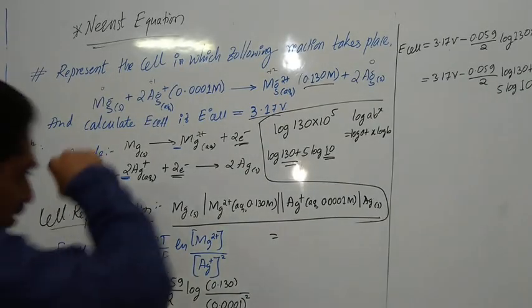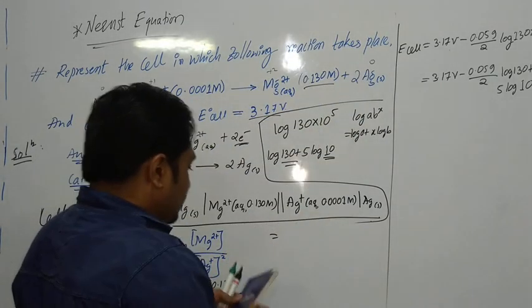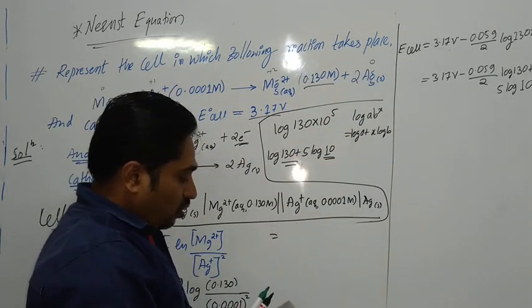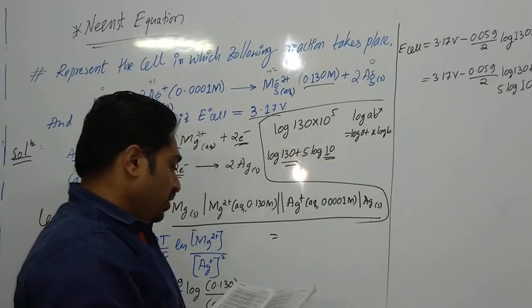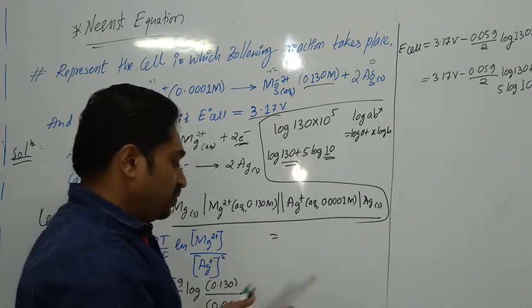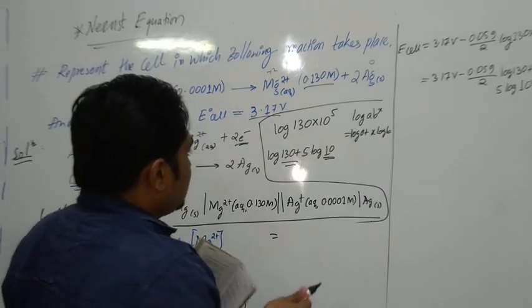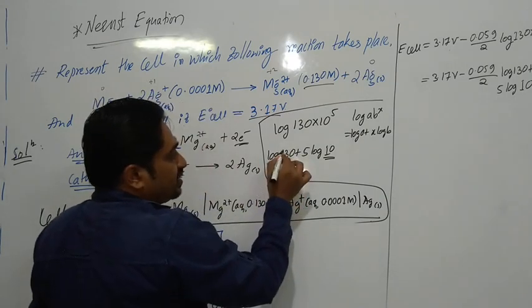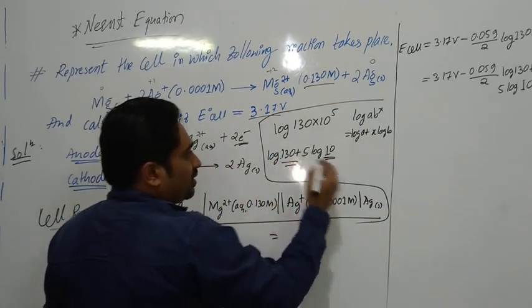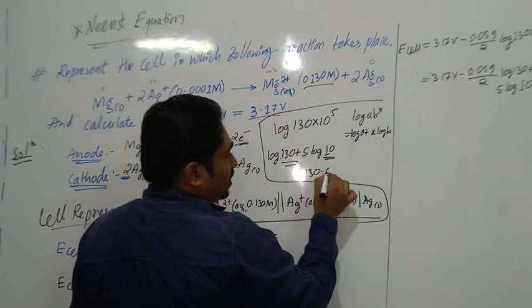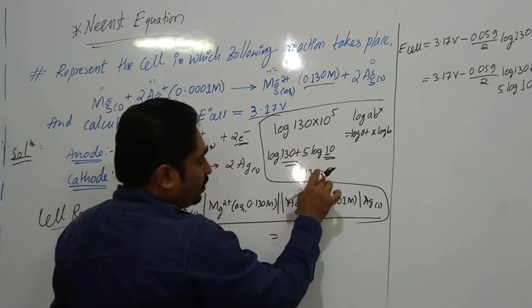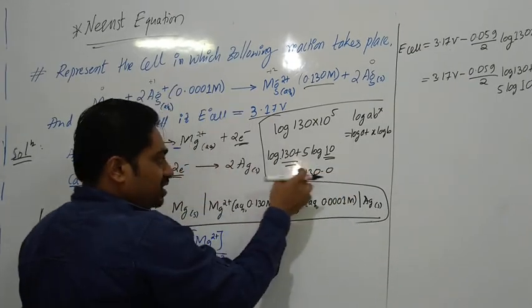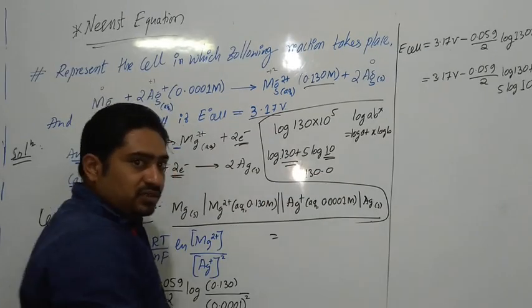Okay, here is my log table. Log of 130. In the log table I have to see logarithms, the first page. Log of 130: I can write 130 as 130.0, so before the decimal point there are 3 numbers.